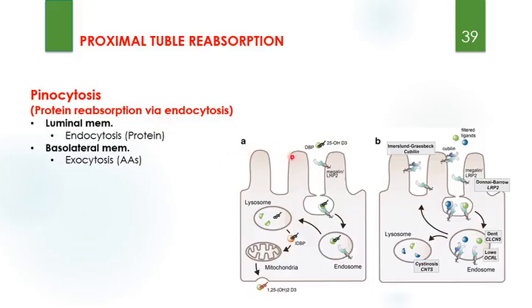In the luminal membrane, endocytosis will occur by binding the protein to given receptors, and from the other side, from the basolateral membrane, they will undergo exocytosis as a degraded protein, the final product of which is amino acids, and amino acids will enter the interstitial fluid.